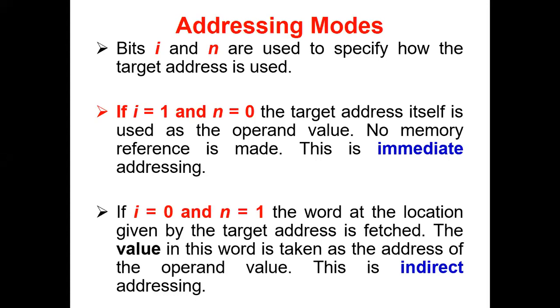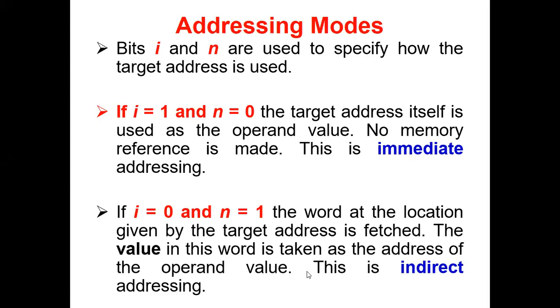Now, when I is a 0 and N is 1, then that is indirect addressing. You remember in indirect addressing, they give you the address, okay? You look at the contents of that address, and then the contents of that address are leading you to another memory location, okay?